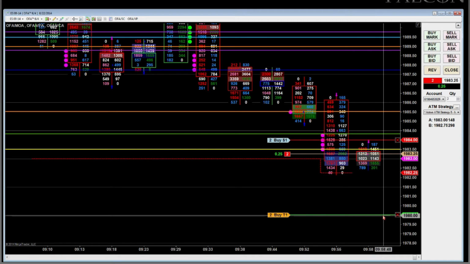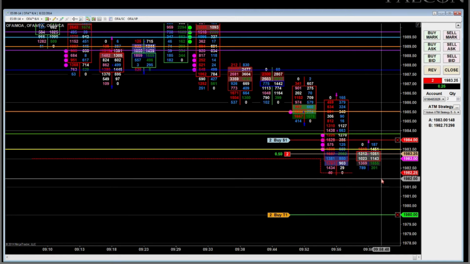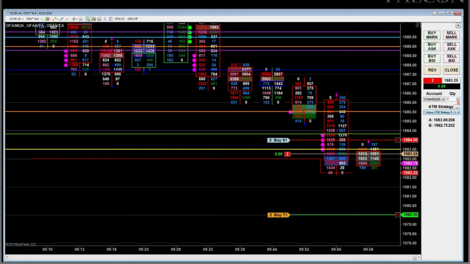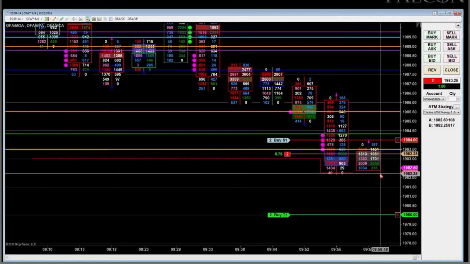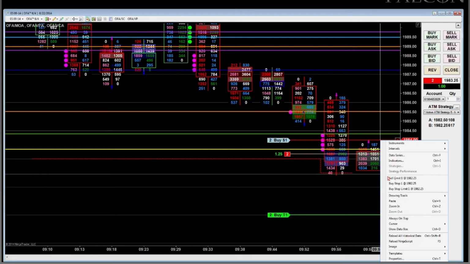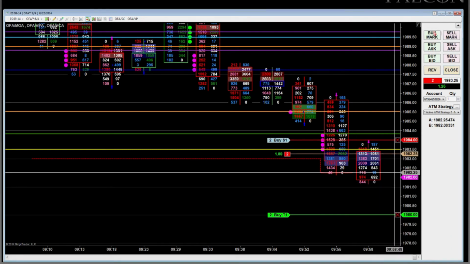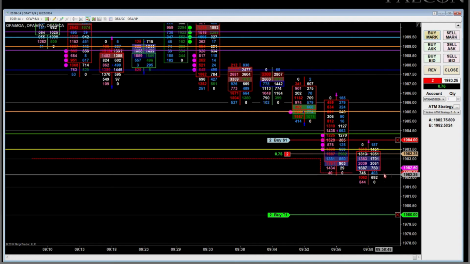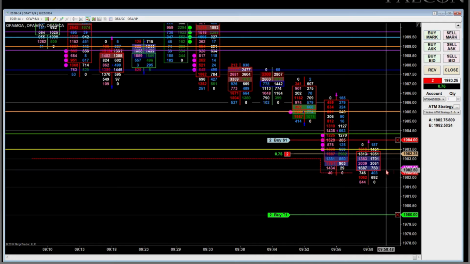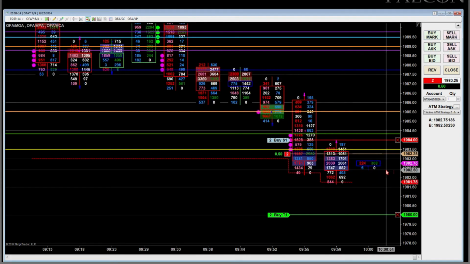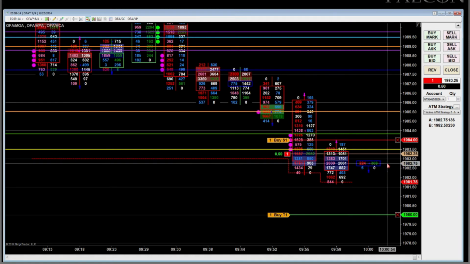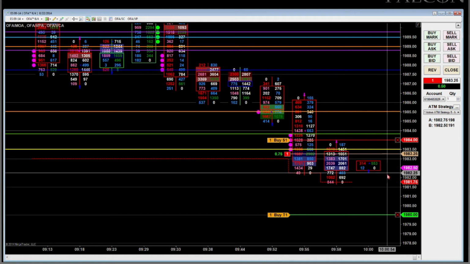So what am I expecting? 82 is, again, the data is thin, but 82 is a little bit of a high volume area. What do we expect around high volume areas? Rotation, exactly. My system's starting to get some lag again.